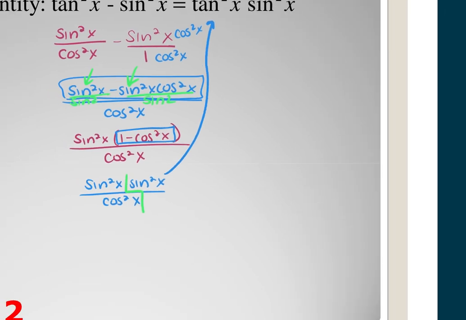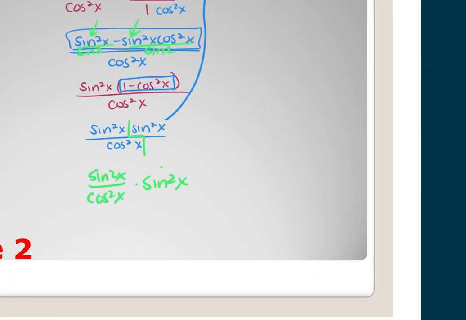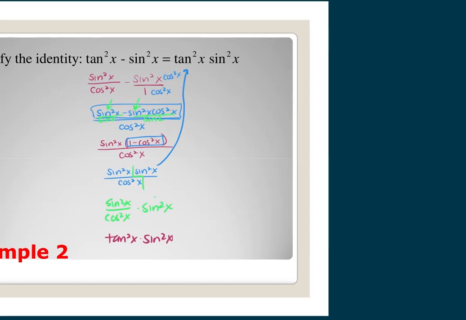One of these gets the denominator if it's a product in the numerator. If it was a sum or difference, they would both get the denominator. So I can rewrite this as sine squared x over cosine squared x times sine squared x. And then sine squared over cosine squared is tan squared. And now the left side equals the right side.